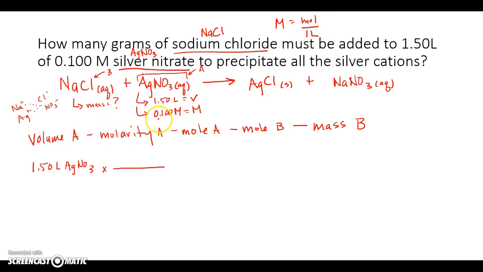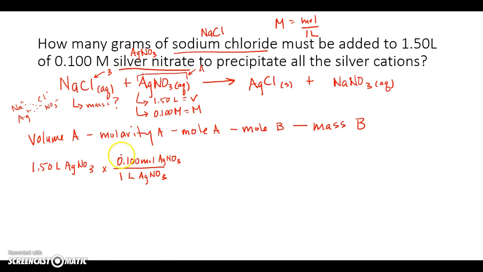So in this case, if I have a molarity of 0.1 molar solution, that's the same thing as writing 0.100 mole AgNO3 over 1 liter of AgNO3 solution.